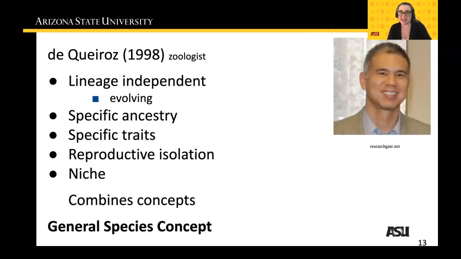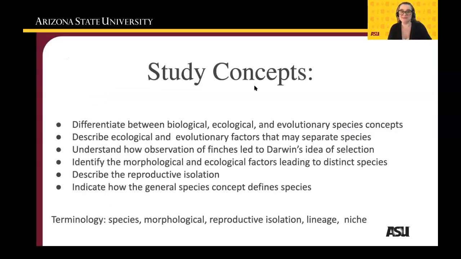But he says that there's a general species concept, one in which we accept all species having characteristics from each of the previous concepts or the previous ideas leading to new species. This makes the actual idea of defining what a species is incredibly complex. But every day, we learn more and more about what it takes to differentiate between species.